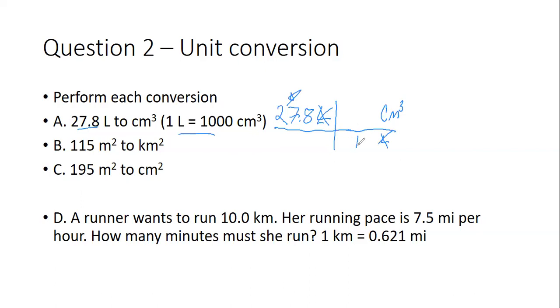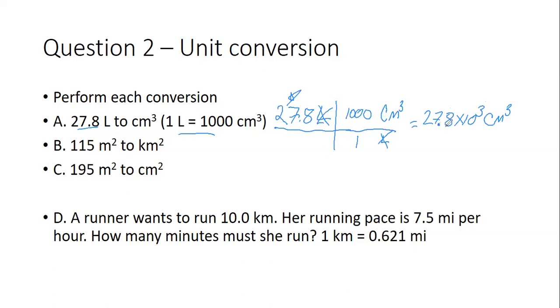So I put in 1 liter at the bottom, 1,000 cubic centimeters at the top, and then you just do your multiplication. You take everything at the top, multiply it together, divided by everything at the bottom, and this is 27.8 times 10 to the 3 cubic centimeters.